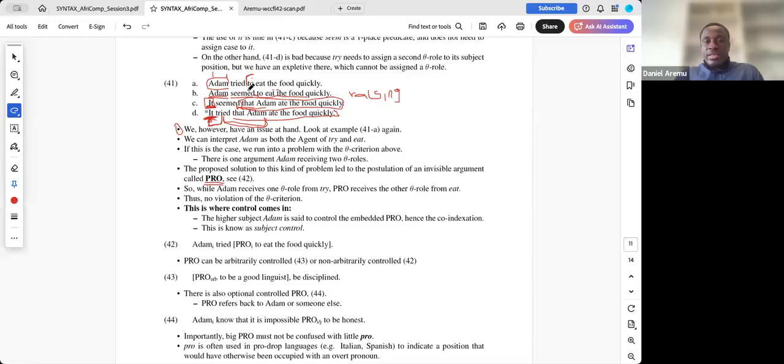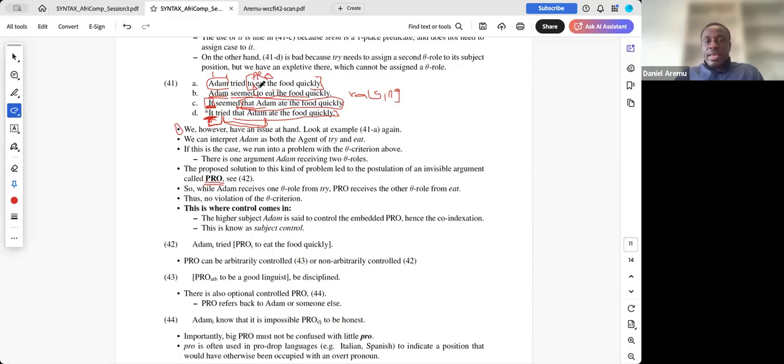Remember that this is a clause on its own, non-finite. So the assumption is that there is a big pro within the non-finite clause. And it is this big pro, basically in this position. This is where the position is. It is this big pro that is now taking the theta role.